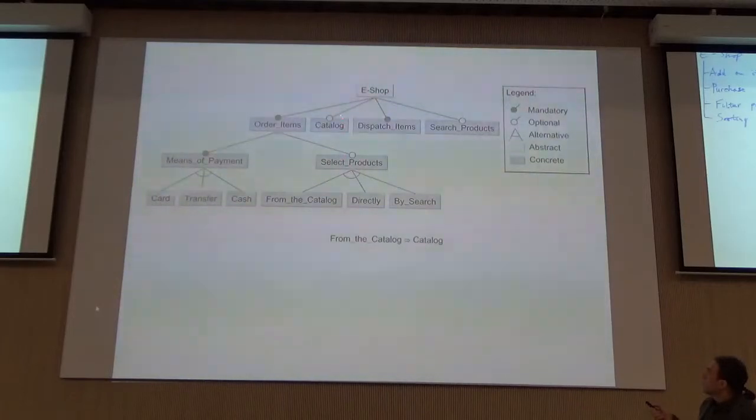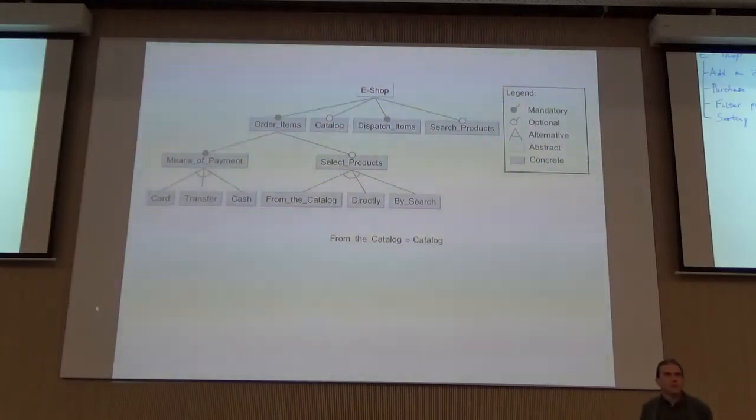Selecting products is not necessarily related directly to this search products feature, but when we dig deeper into select products, we will decompose it into from the catalog directly or by search. And we will see that if we want to support selecting products from the catalog, we will understand here when thinking of this feature that it is related really to the catalog.